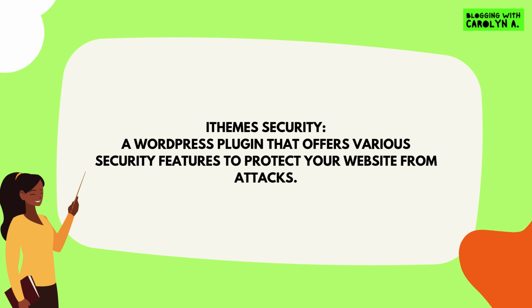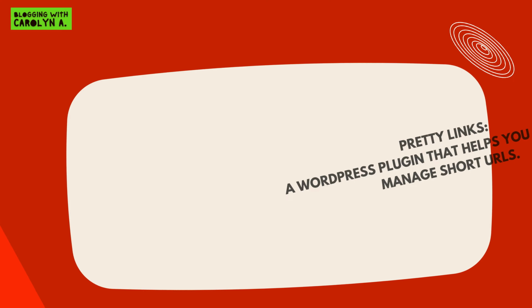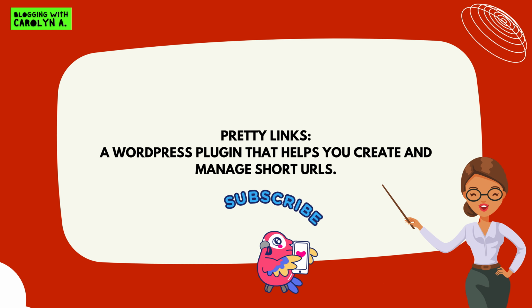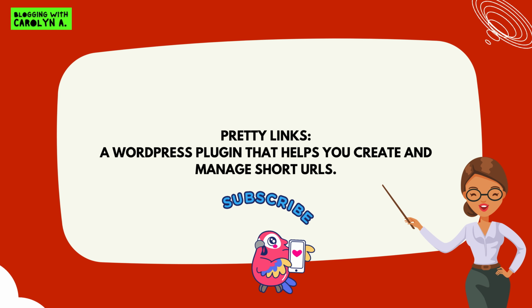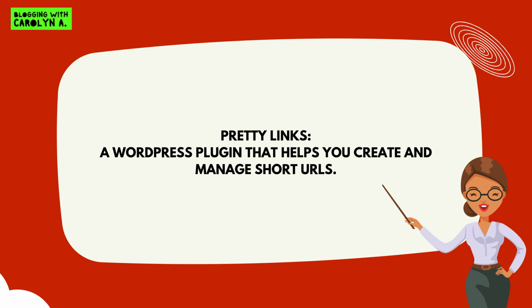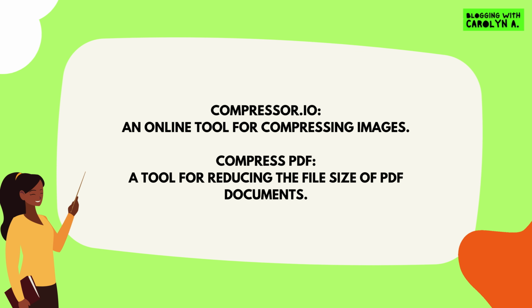iThemes Security, a WordPress plugin that offers various security features to protect your website from attacks. Pretty Links, a WordPress plugin that helps you create and manage short URLs. Compressor.io, an online tool for compressing images. Compress PDF, a tool for reducing the file size of PDF documents.